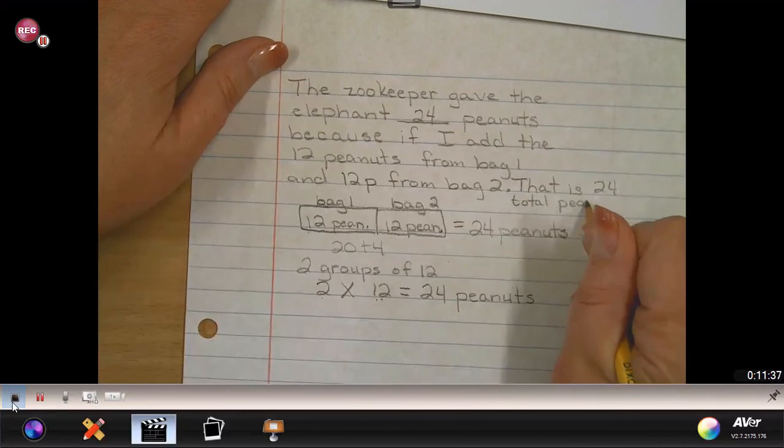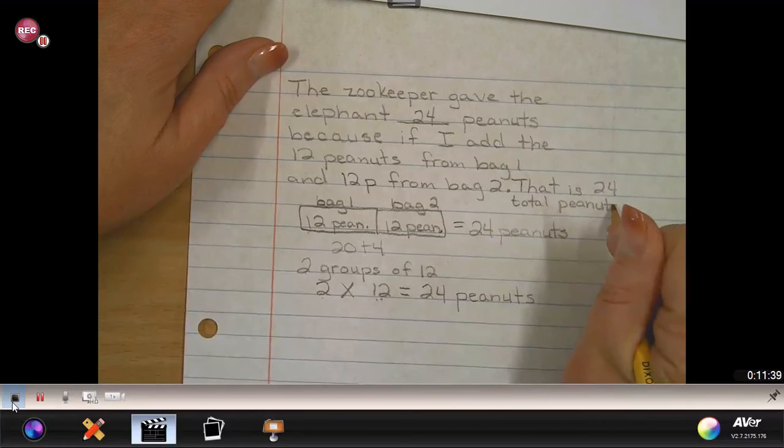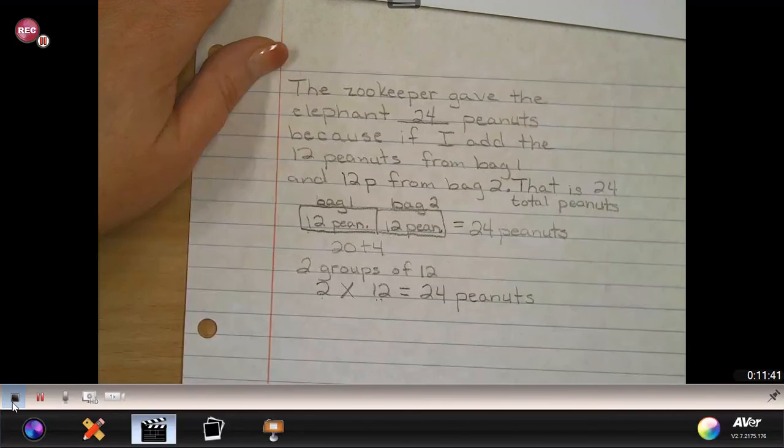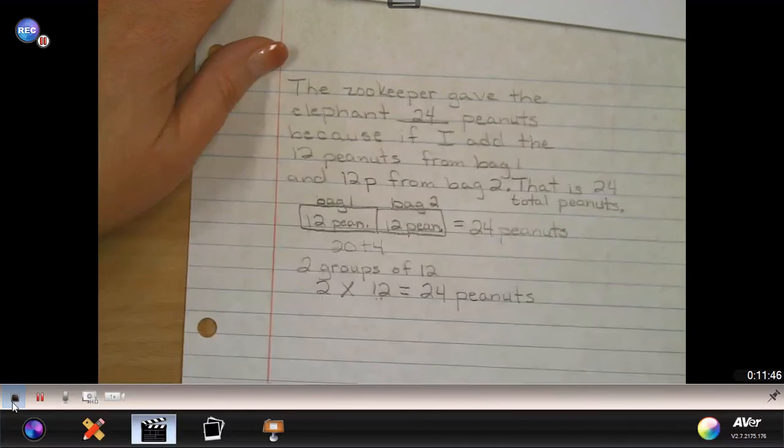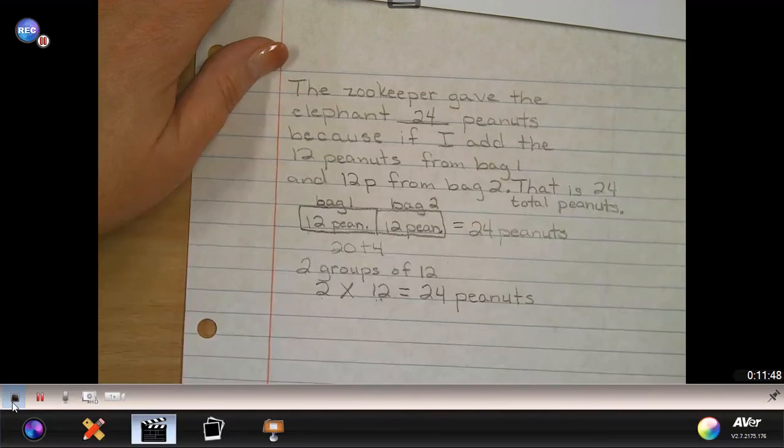So we found the sum, or if we're using multiplication, we call it the product, but we found the total number of peanuts that were given to the elephant by the zookeeper.